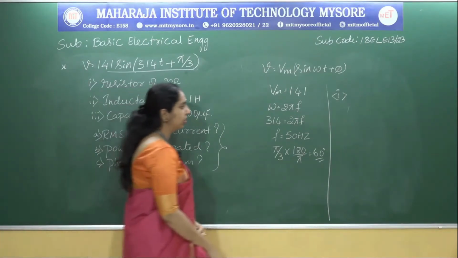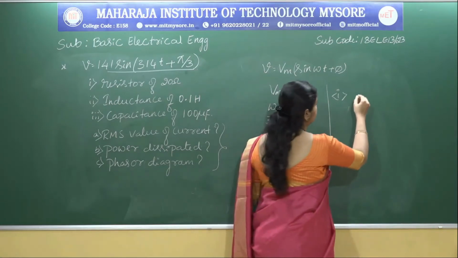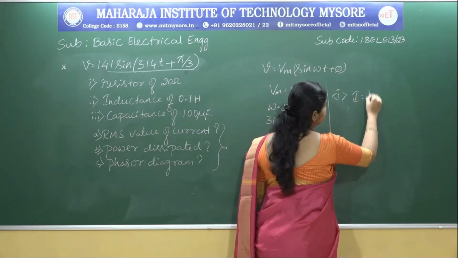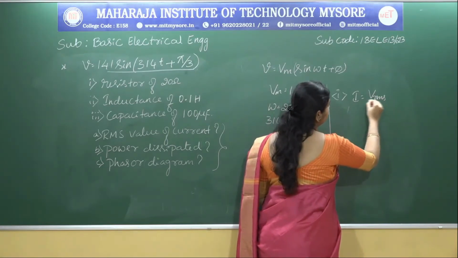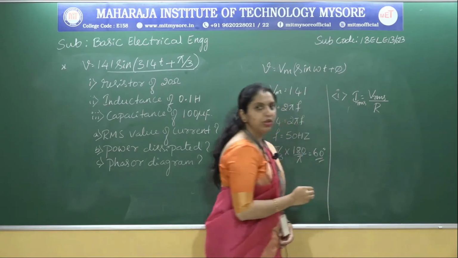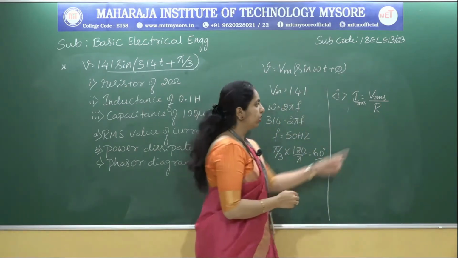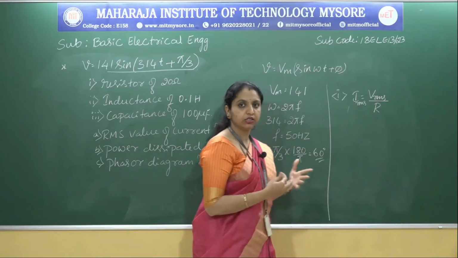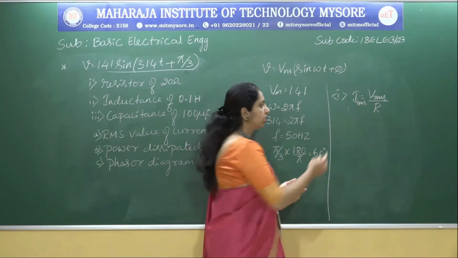What is the equation in a pure resistive circuit? IRMS is equal to VRMS divided by R. Here, instead of Z we take R, because the circuit consists of only a resistor.